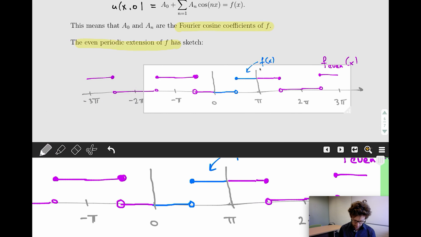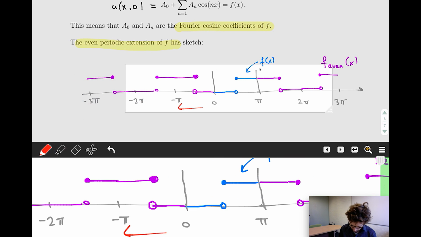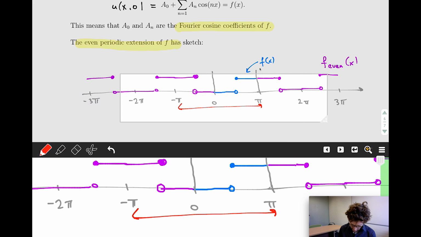So we need to identify the period of this. It's twice the size of the bar. So T is going to be equal to 2 pi, which gives me that the half period is just pi.